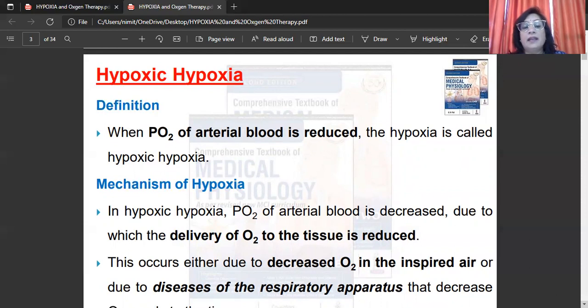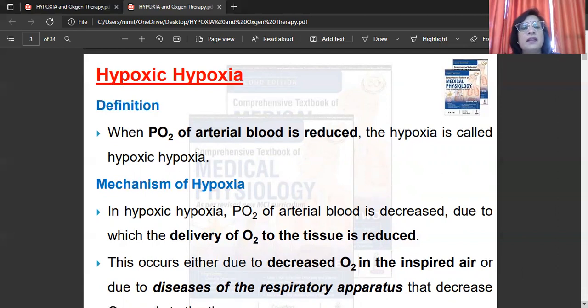Now, what is the mechanism of hypoxic hypoxia? What happens is that PO2 of the arterial blood is decreased, due to which the delivery of oxygen to the tissues is reduced. So what is the cause?